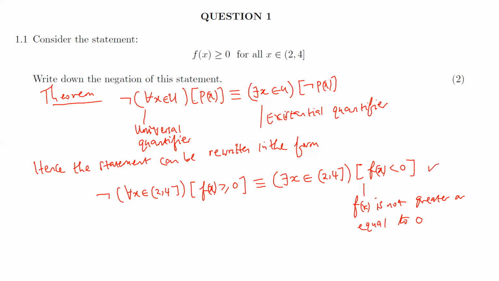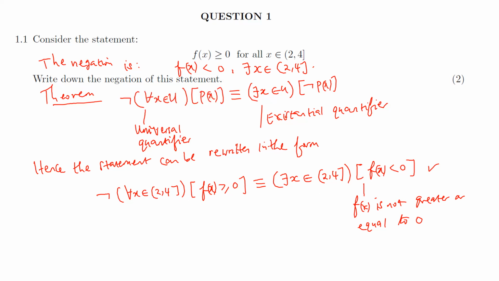Written differently, you can say the negation is that f of x is less than 0 and there exists x in the interval 2, 4. So that is how we negate this.